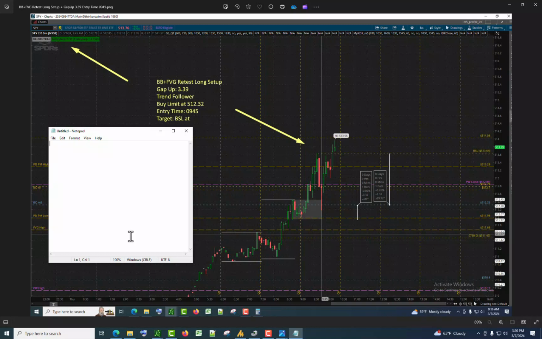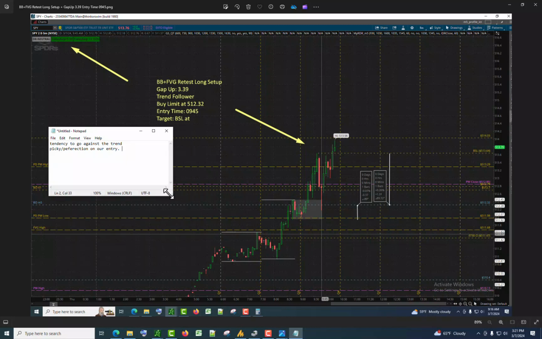First is that we have a tendency to go against the trend, which is very risky, and also we're very picky, or perfectionist for that matter, on our entry. That's the dilemma for us.